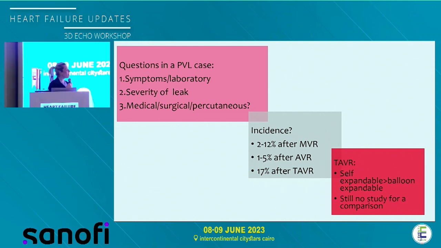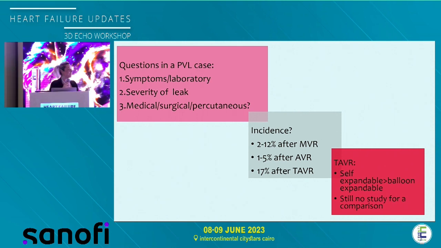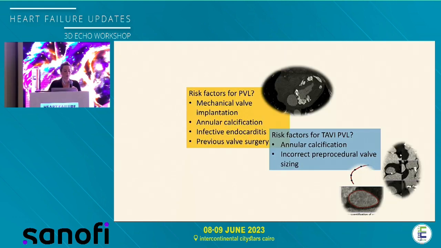It's after MVR 2 to 12%, after AVR 1 to 5%, and after TAVR 17%. And in TAVR, self-expandable valves have more PVL compared to balloon-expandable valves, but still there are no head-to-head comparison studies on this topic.